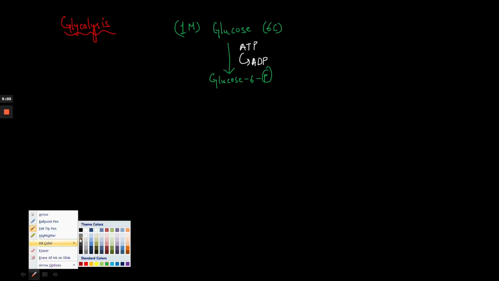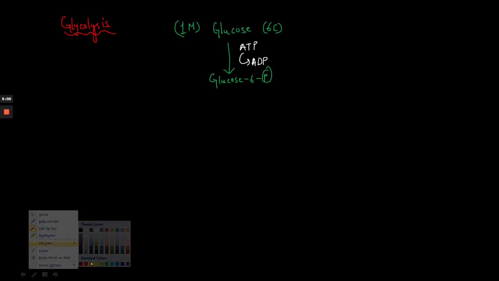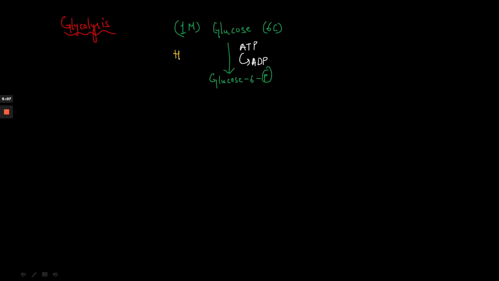This process is happening in the presence of an enzyme known as hexokinase. In the whole process you will see that whenever ATP is being broken down, or ADP is getting converted into ATP, this kinase enzyme will be used. Since glucose is a 6 carbon molecule, that is why the word hexokinase.